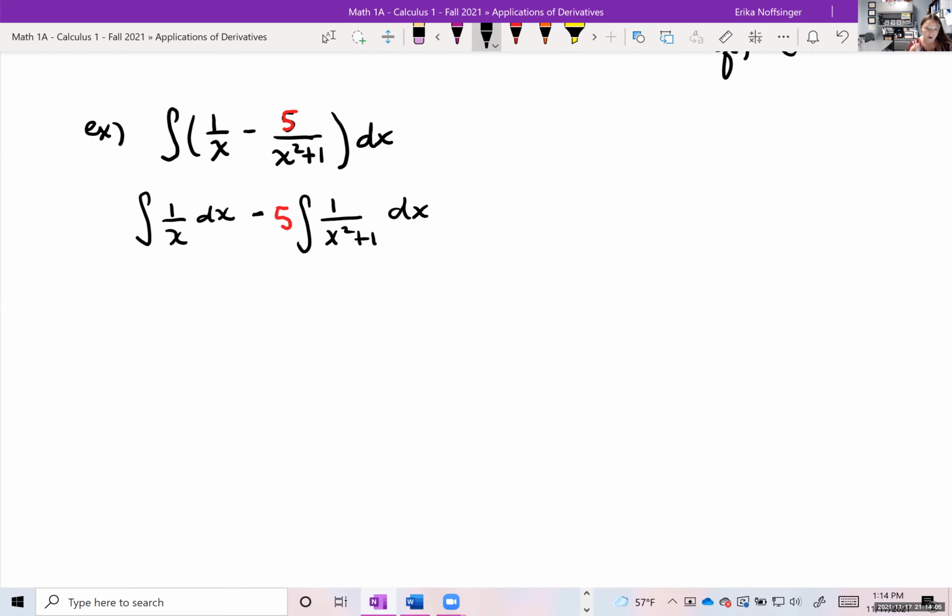Looking at what we take the derivative of to get back 1 over x, that's the natural log absolute value of x, minus this 5. And this 1 over x squared plus 1 looks like the derivative of tangent inverse of x. So this would be tangent inverse of x plus some constant c.